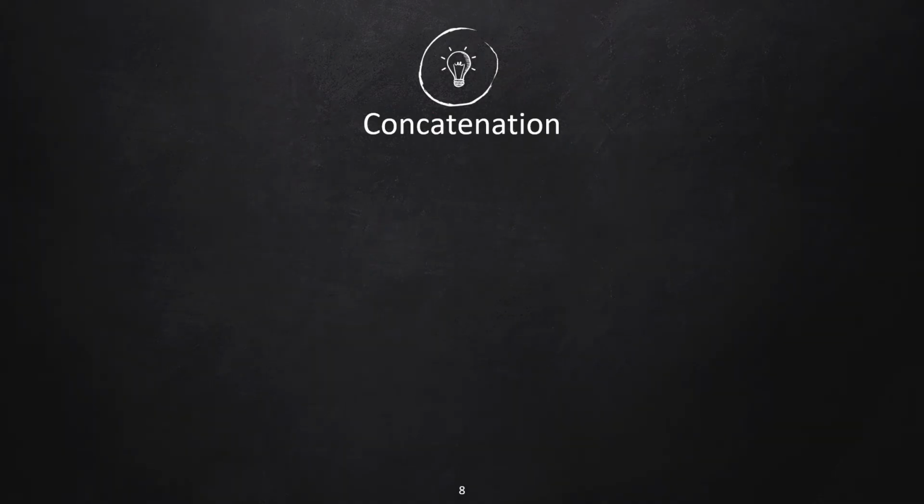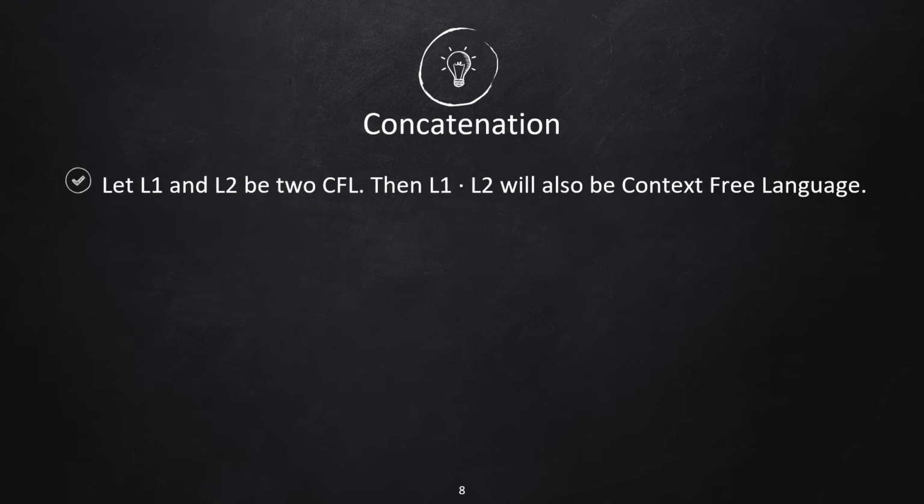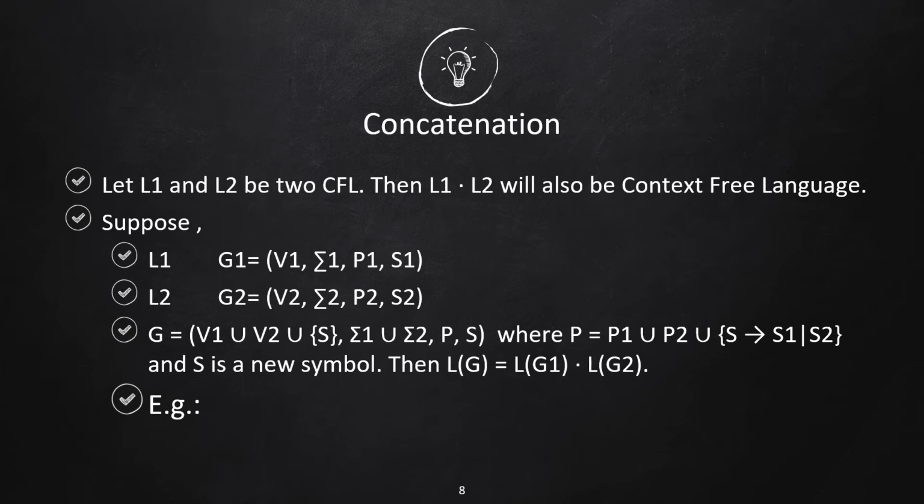Going to the next property, concatenation, we will follow a similar procedure as in union. Let L1 and L2 be two context-free languages, then L1 concatenation L2 will also be a context-free language. Taking the same example from union, L1 and L2, and G1 and G2 are the corresponding grammars for L1 and L2.